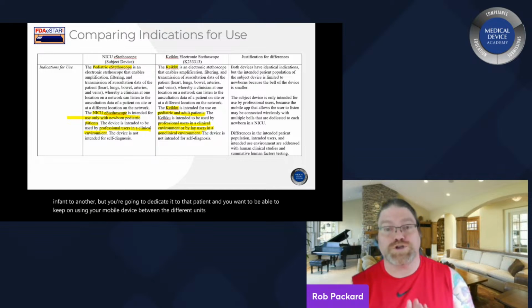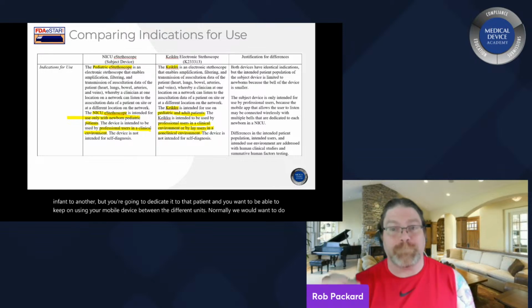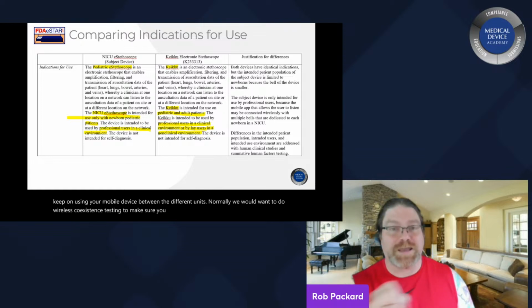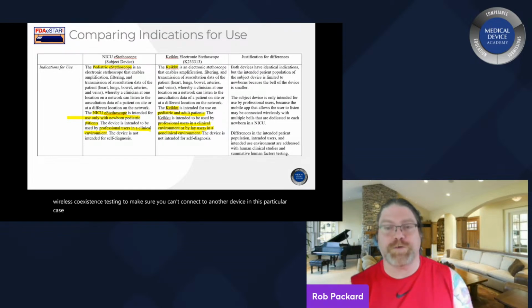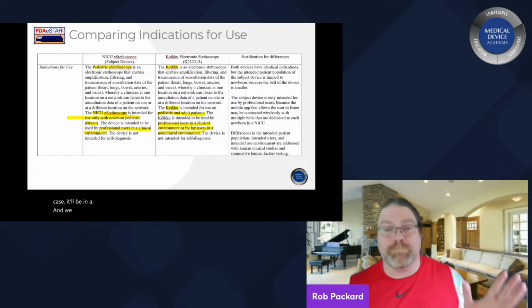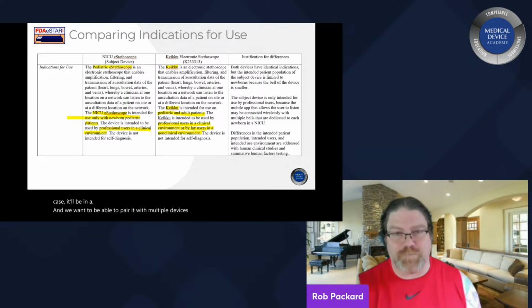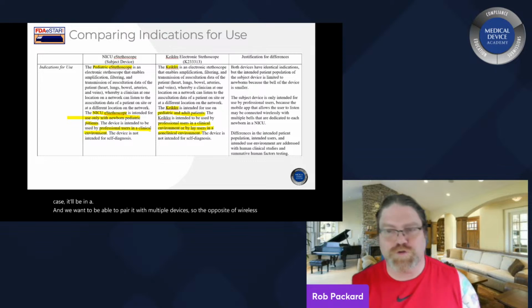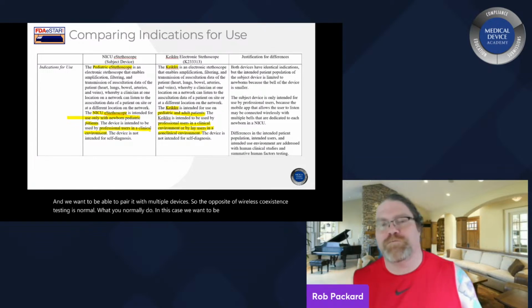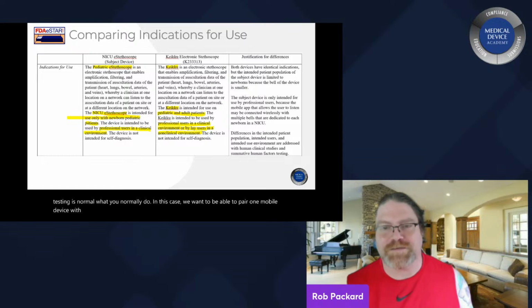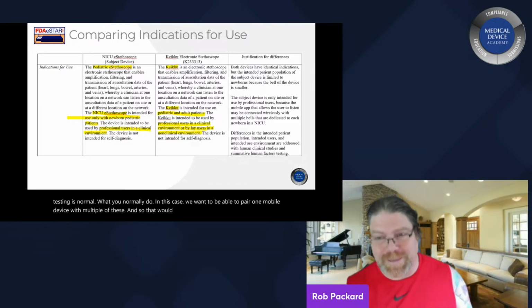Normally, we would want to do wireless coexistence testing to make sure you can't connect to another device. In this particular case, it'll be in a hospital, and we want to be able to pair it with multiple devices. So the opposite of wireless coexistence testing is what you normally do. In this case, we want to be able to pair one mobile device with multiple of these, and so that would be okay.